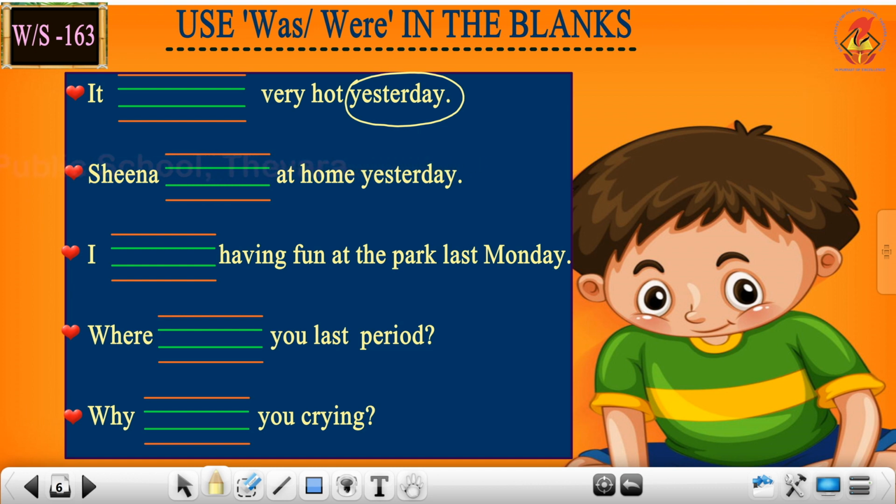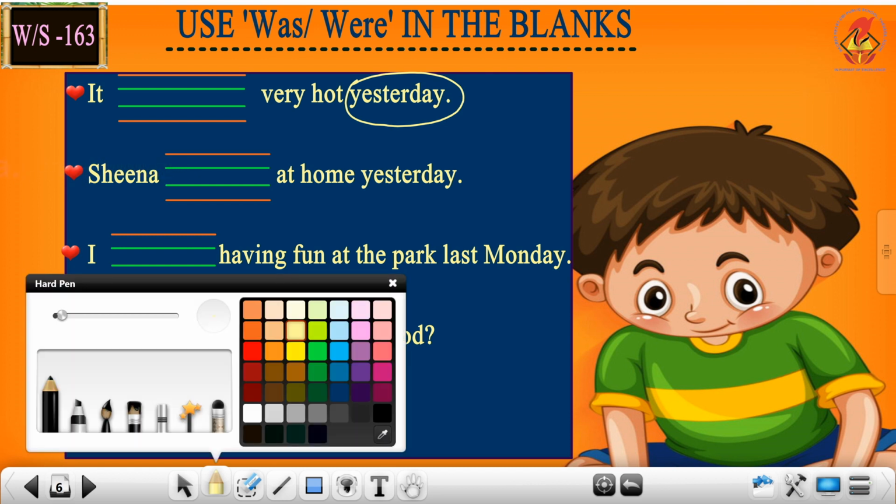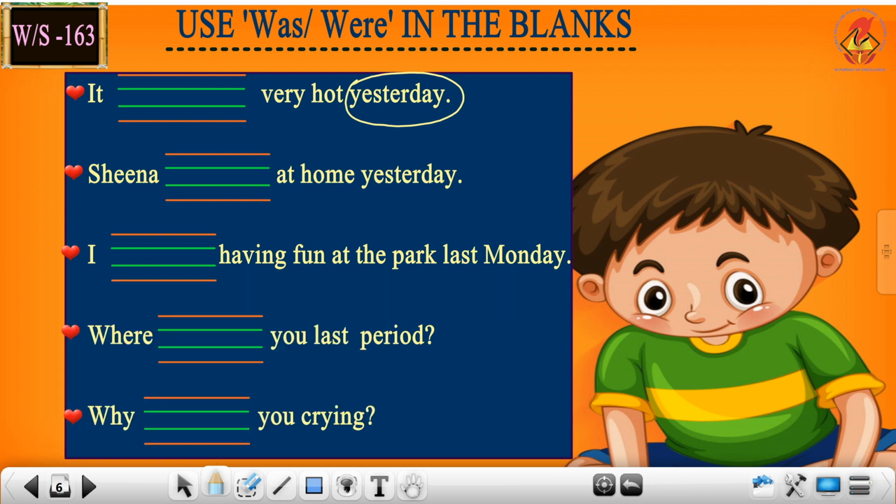And it dash very hot. It means along with it what you have to use? Yeah, it is was, isn't it? So it was very hot yesterday.